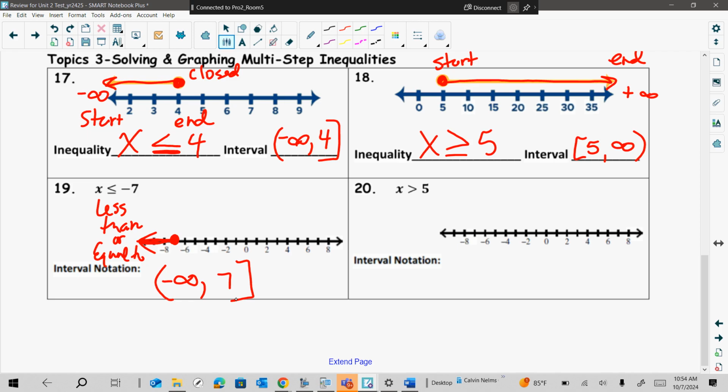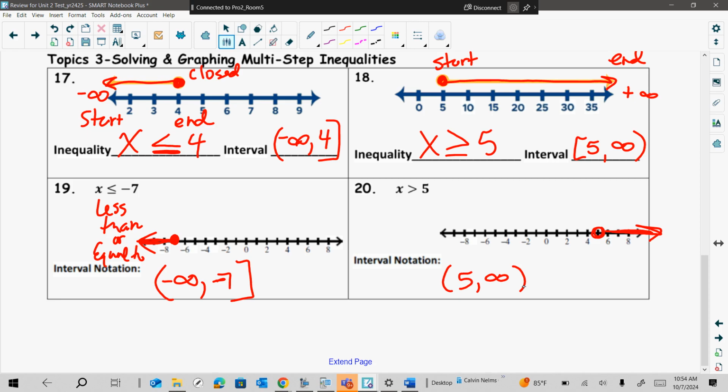All right, so let's graph 20. It's open at 5, so that's right here between 4 and 6. So open here, pointing to the right. So this would be parentheses 5, comma, infinity, close parentheses.